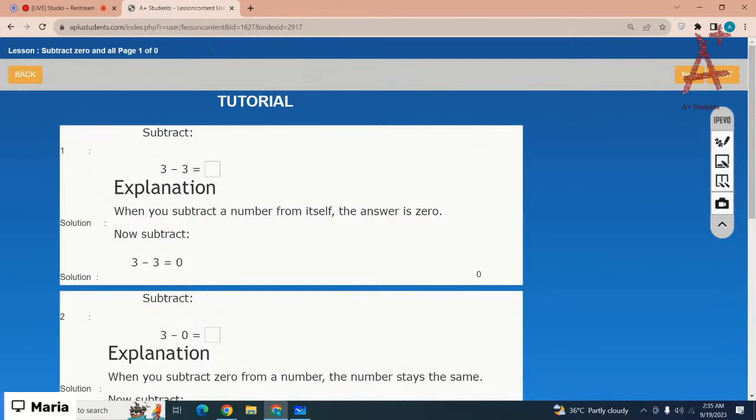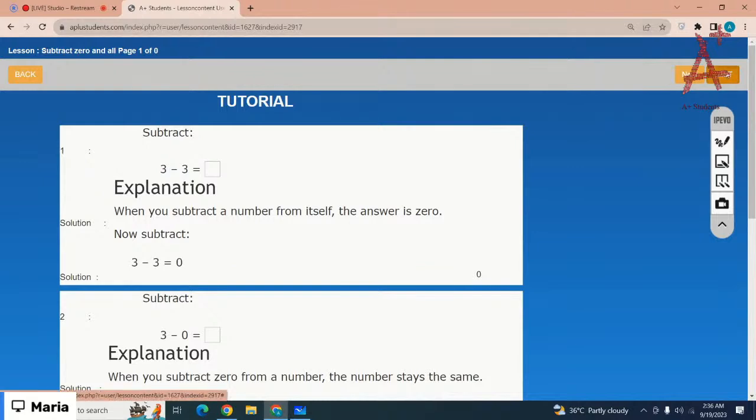And when you subtract 0 from a number, the number stays the same. These two basic rules, you have to keep them in your mind. When you subtract a number from itself, the answer is 0. The other one is subtracting 0 means nothing, the number stays the same, right?